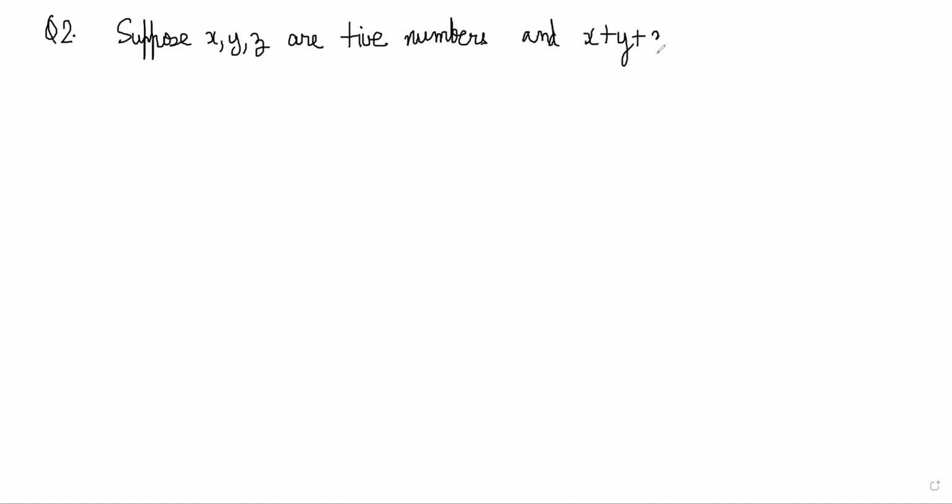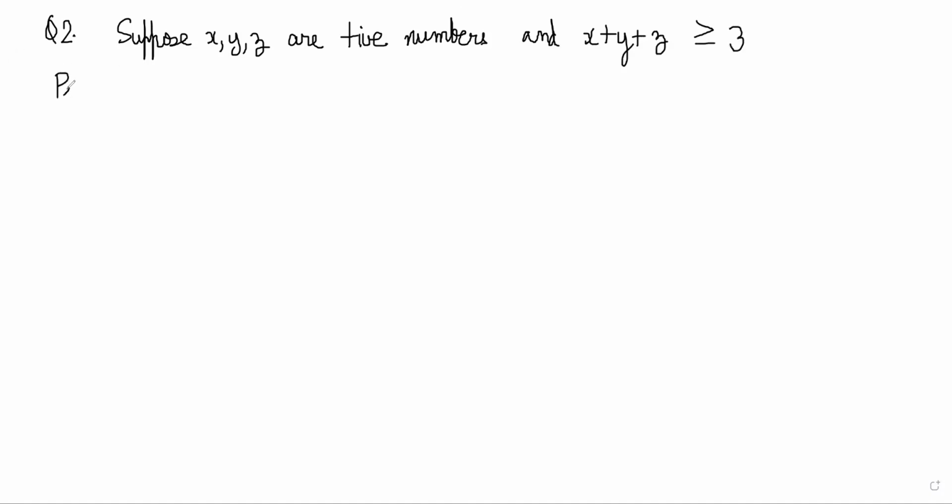Let's move on to the next question. Question 2 is this one. Suppose x, y, and z are positive numbers, and x plus y plus z is greater than or equal to 3.